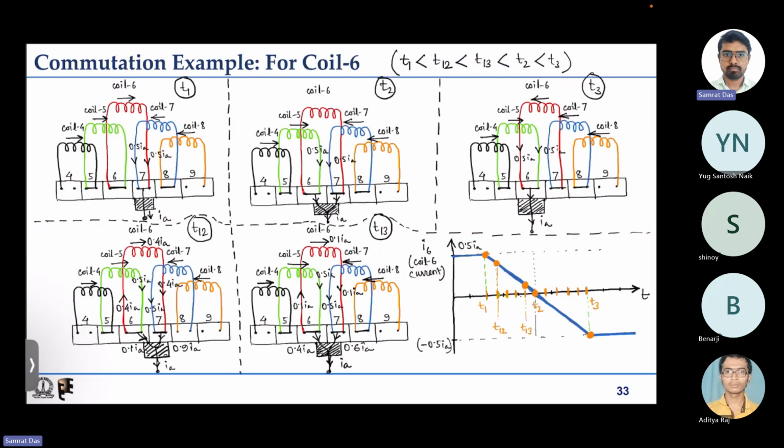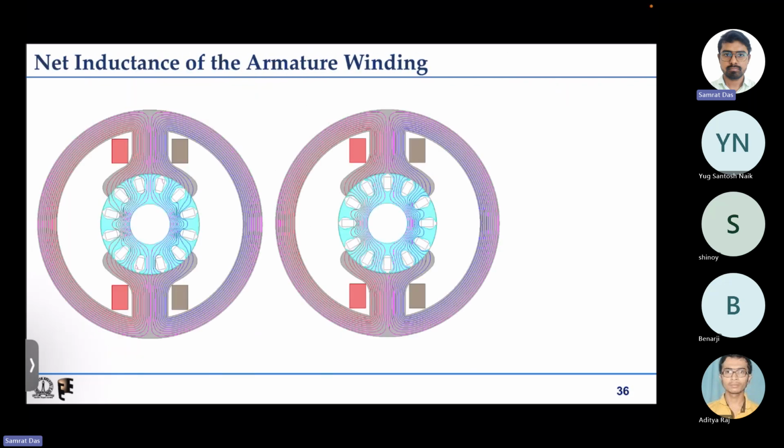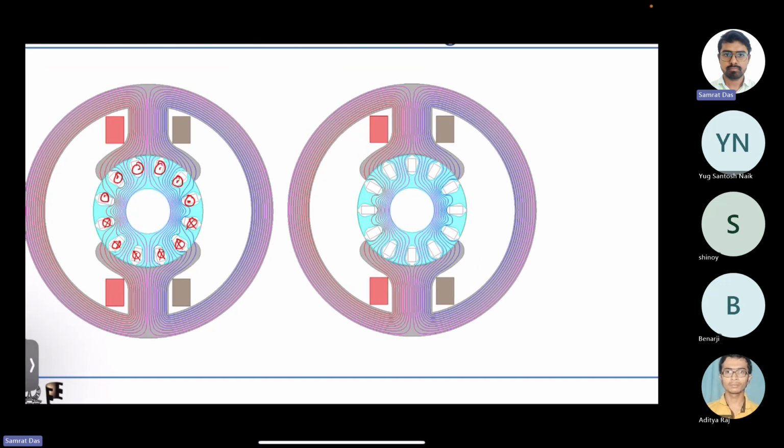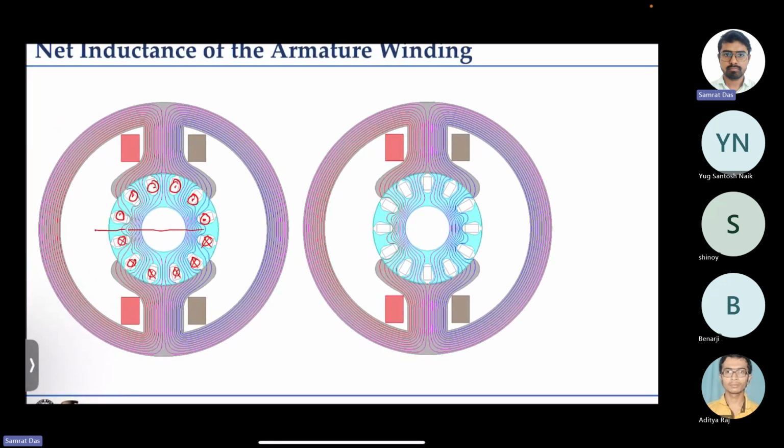And the next thing is the armature inductance. So the net inductance of the armature coils: in this case, all these coils will be carrying dot current, and all these coils will be carrying cross current, for this rotor position where none of the coils are undergoing commutation.